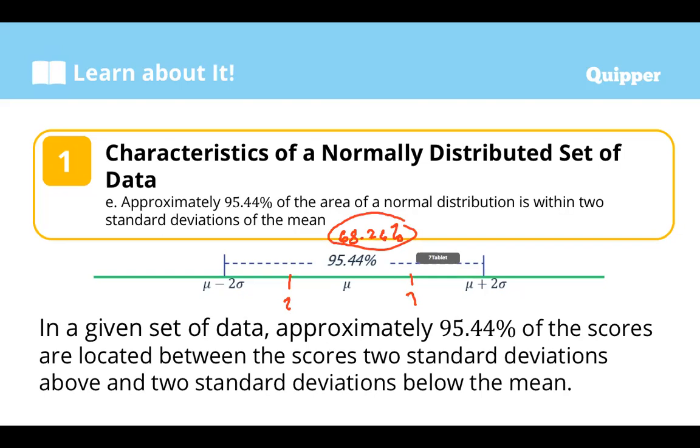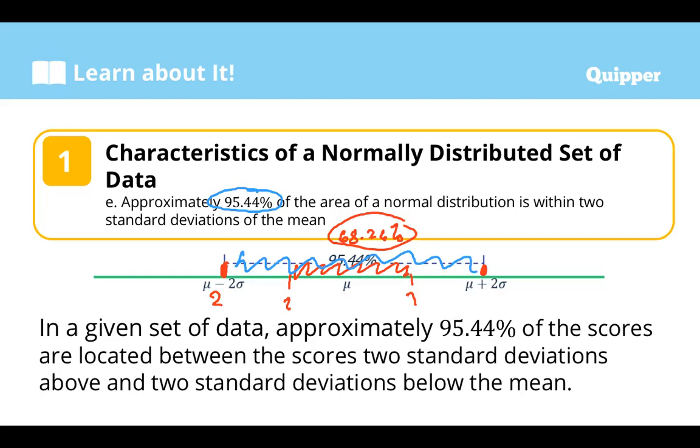Ito lang yan. And if we have from here to 2 standard deviations below the mean and 2 standard deviations above the mean, okay, yung kanilang area naman is 95.44%.